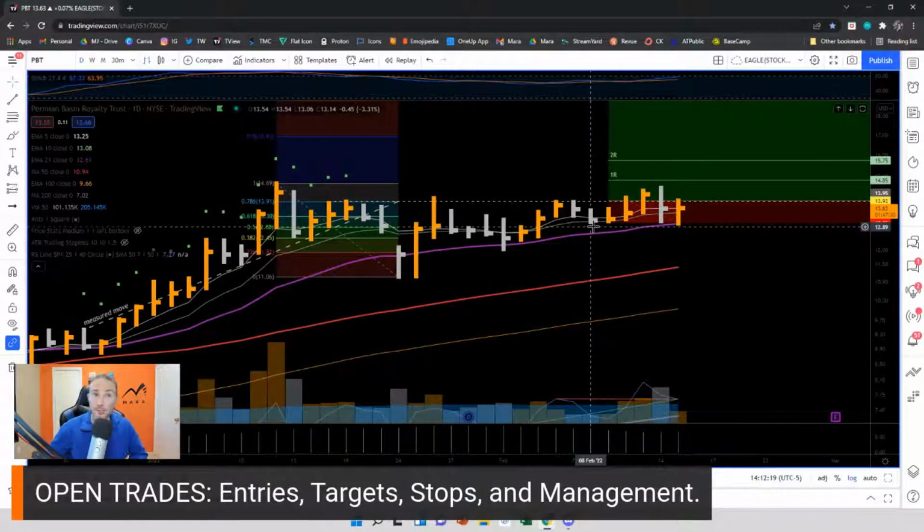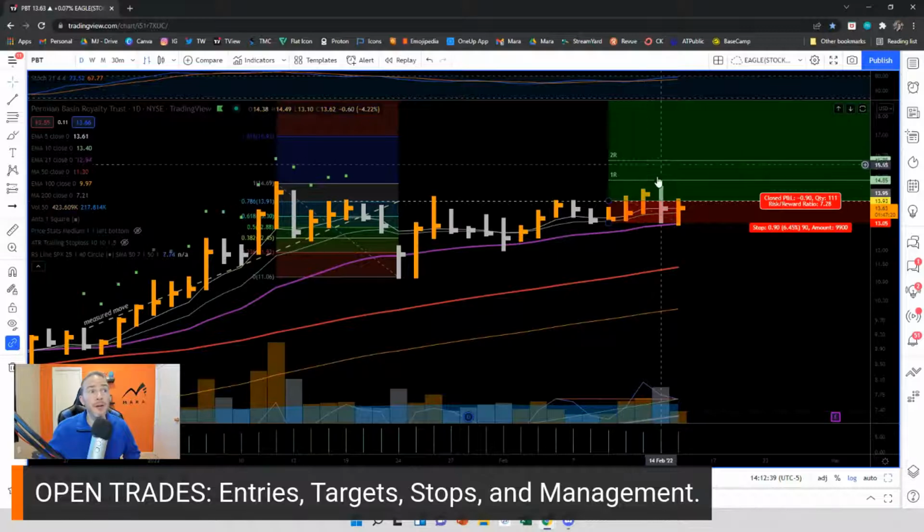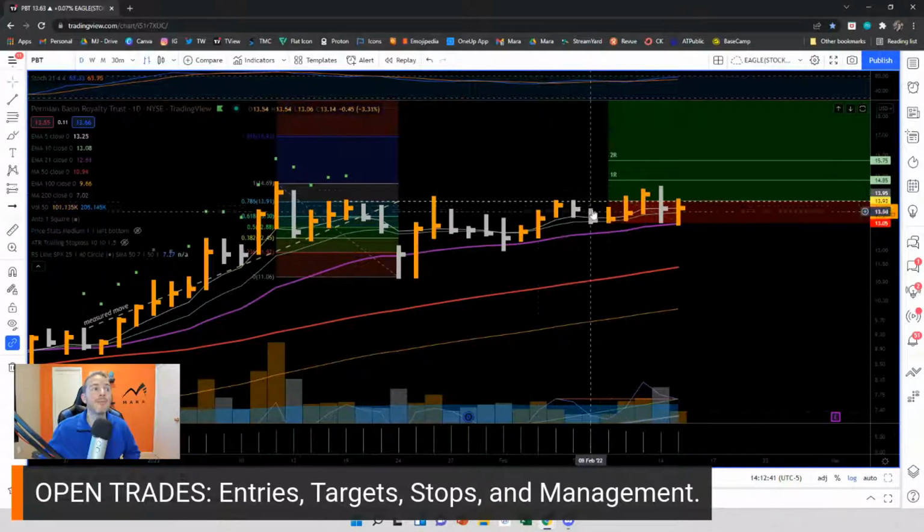So generally, I like to have the 21-day exponential moving average cradling my stop. Didn't have it there. I had the 10, but I didn't have the 21-day, and it came back to bite me. Price moved up, came through that nice little tight pivot there. Again, leading group.